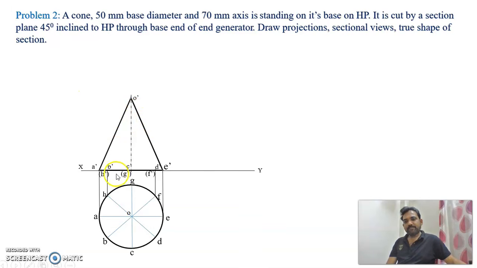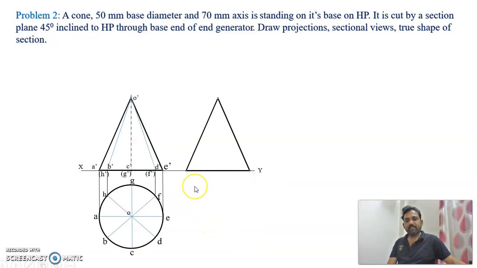Now join B dash and O dash, and in the same way D dash and O dash. Now let's draw its side view, because we also have to construct the sectional side view. For drawing the side view, draw a line at an angle of 45 degrees, transfer the height, and then transfer the width from the top view to the side view.